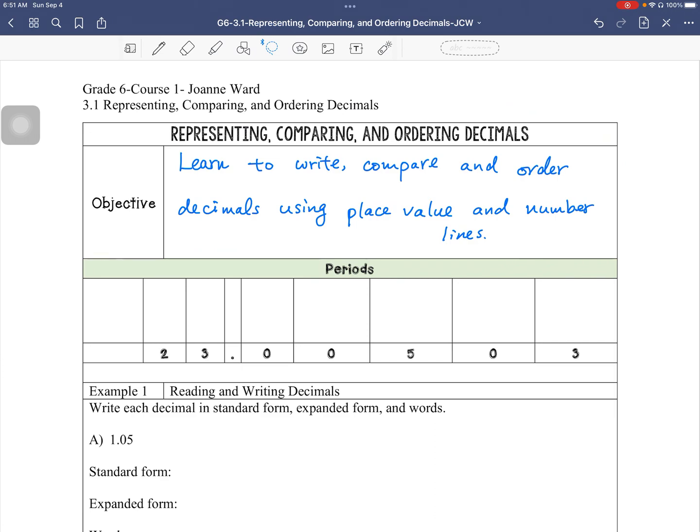Now here, there are different periods in here, and I'm sorry, this shouldn't be here because I copy pasted from the 5th grade work. So in the place value, this is supposed to be place value.